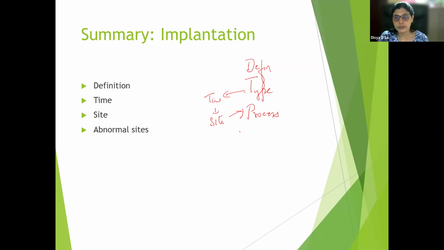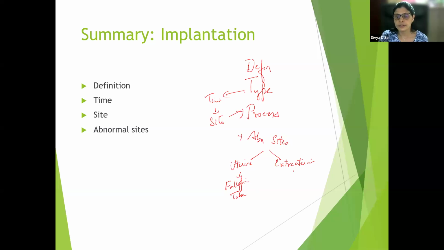And then you write about the abnormal sites of implantation, which can be uterine or extrauterine. In uterine, basically we talk about the fallopian tube.